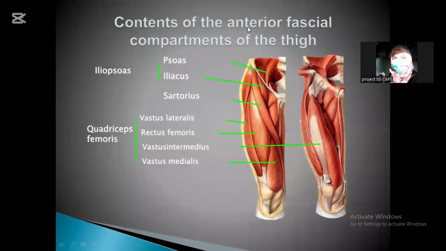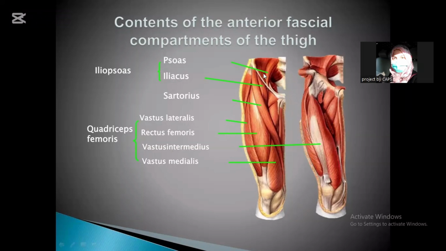These are the contents of the anterior fascial compartment of the thigh, meaning the muscles on the anterior thigh. The most important and most prominent ones are the psoas muscle, iliacus muscle, and sartorius. And then there are the quadriceps: vastus lateralis, rectus femoris, vastus intermedius, and vastus medialis. You will be encountering the iliacus muscle and psoas muscle, also called iliopsoas.